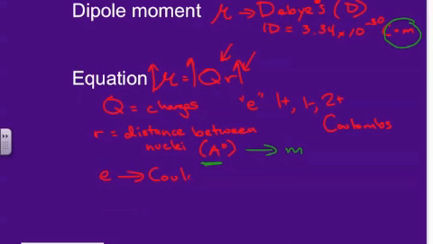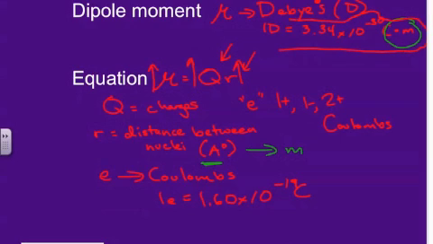That relationship is simply 1 e equals 1.60 times 10 to the negative 19th coulombs. These are relationships that you should write down and possibly even memorize. Oh, yes, 1 angstrom also equals 10 to the negative 10th meters.